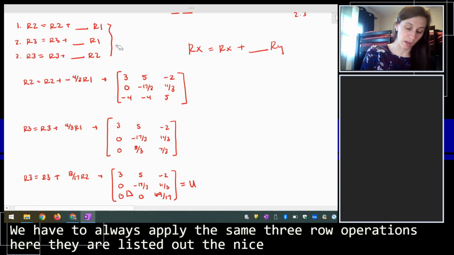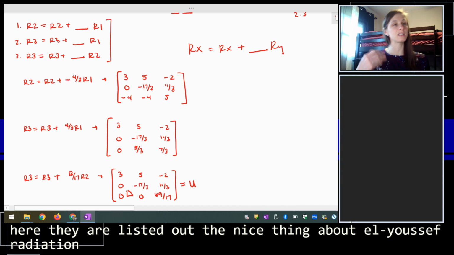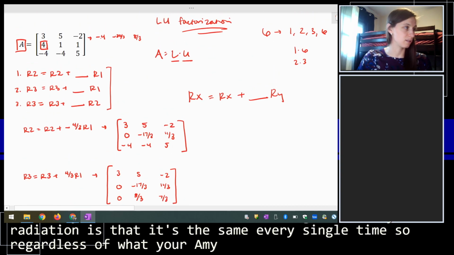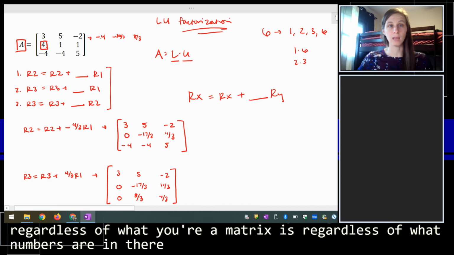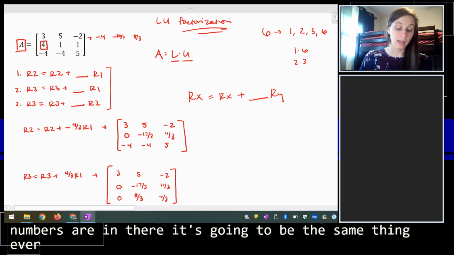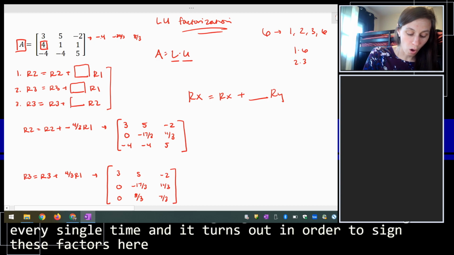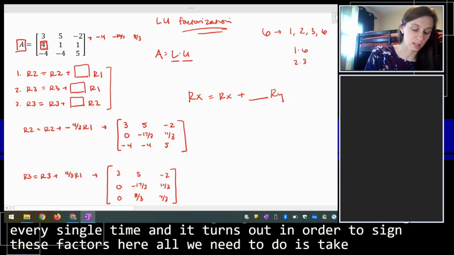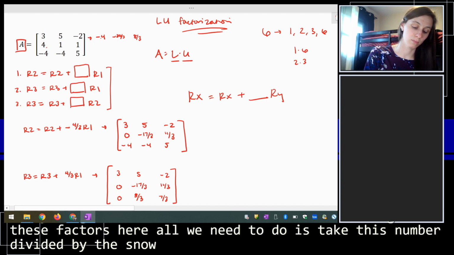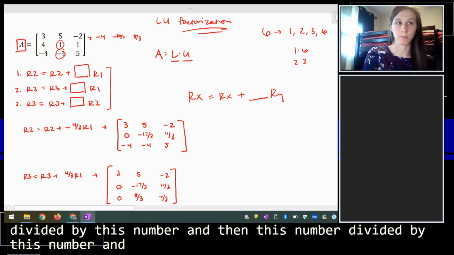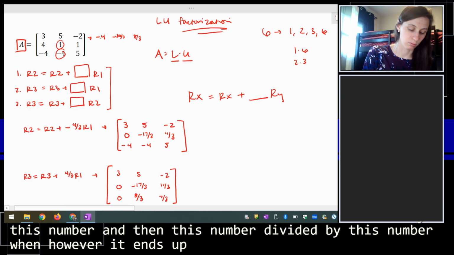The nice thing about LU factorization is that it's the same every single time. So regardless of what your A matrix is, regardless of what numbers are in there, it's going to be the same thing every single time. And it turns out, in order to find these factors here, all we need to do is take this number divided by this number, and then this number divided by this number, and then this number divided by this number, however it ends up.